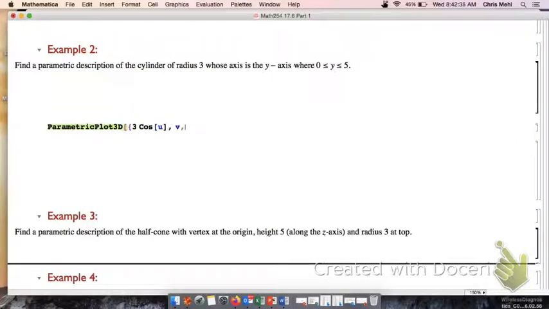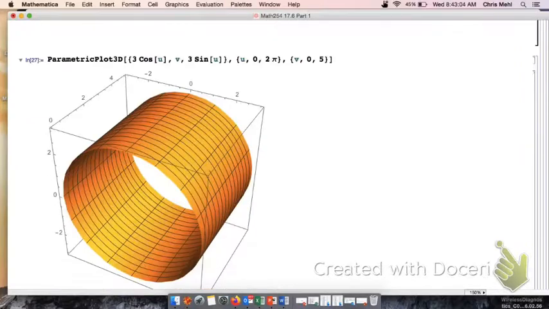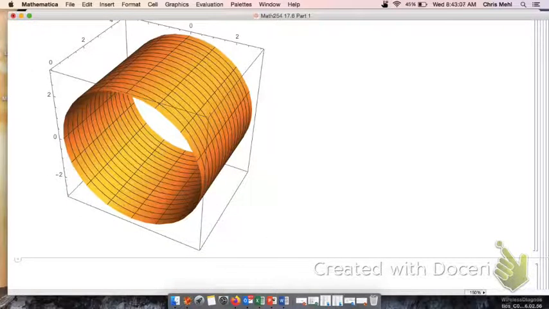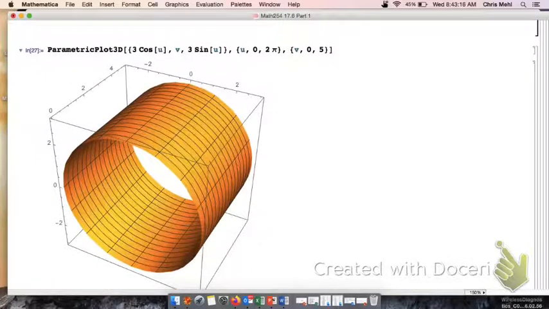Remember, y was v, and z was 3 sine u. U goes from 0 to 2 pi, v is going to go from 0 to 5, and I hit shift return, and then what I get is a cylinder of radius 3 that extends along the y-axis from y equals 0 to y equals 5, as desired.